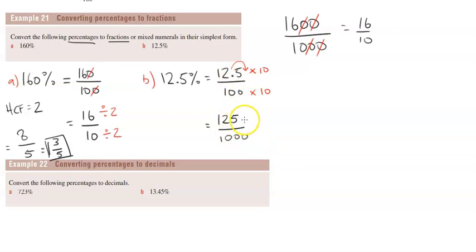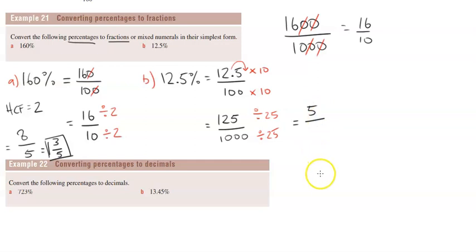So 125 over 1000. Now this one is not obvious. The highest common factor, or one of the factors I can think of, is 25. So I'm going to divide both of these by 25. How many 25s go into 125? 25, 50, 75, 100, 125. So this is 5.